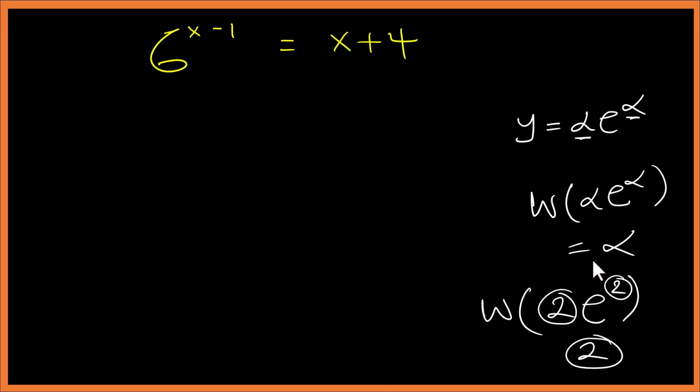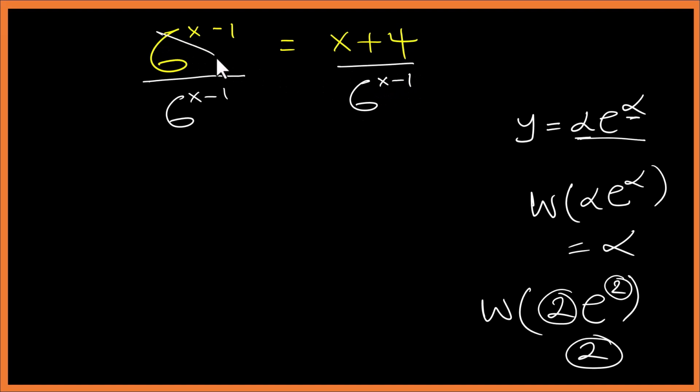Okay, very important too. So we are going to adjust this in such a way that we get something like this. So what we are going to do is to join this one to the x plus 4. So I'll divide both sides by 6 raised to x minus 1. So this side will go, I'll leave it 1 here.